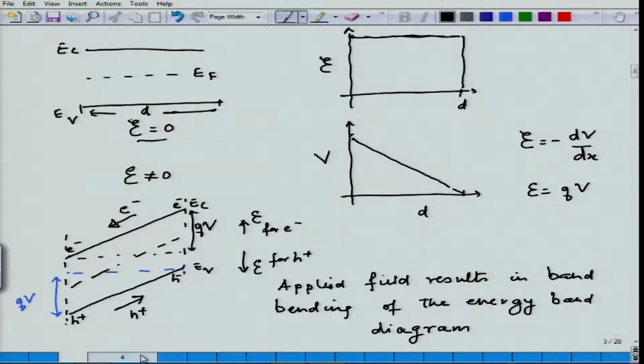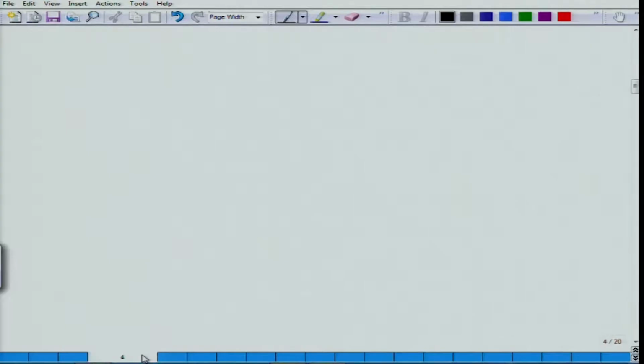So, with this picture, now let us go to the discussion on how we are going to get the conductivity of a semiconductor.